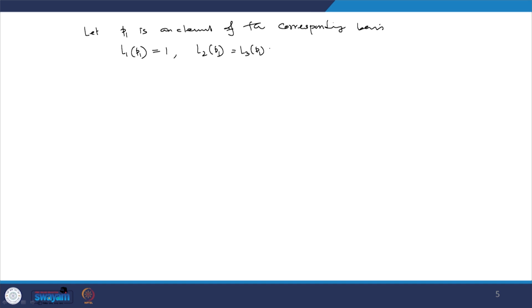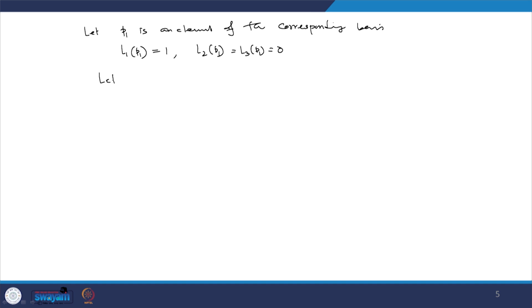Let P1 be an element of the corresponding basis such that L1 P1 equal to 1, but L2 P1 equal to L3 P1 equal to 0.